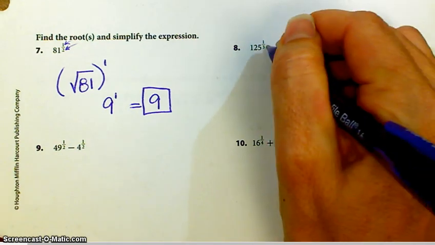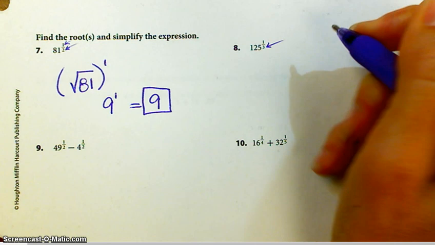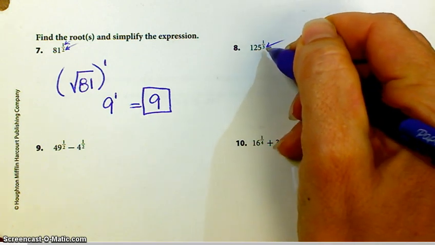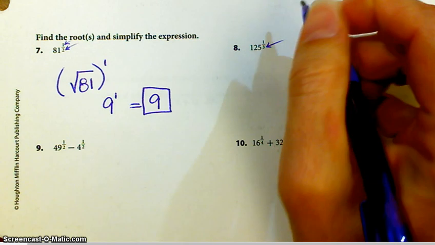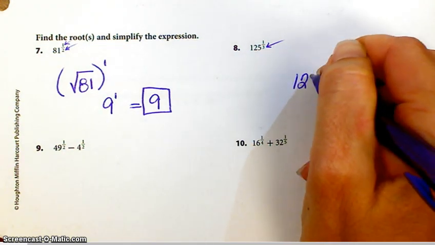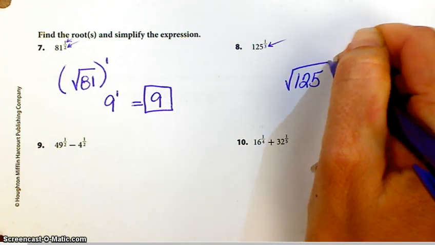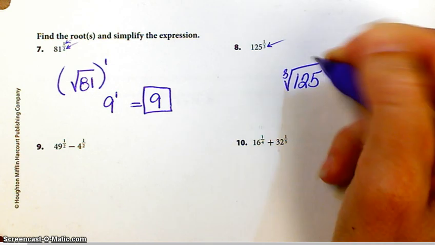125 to the 1/3 power. So the denominator tells you which root to take. So you are taking the third or cube root of 125.